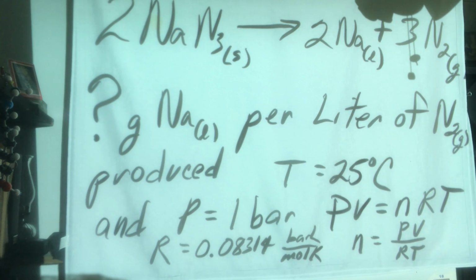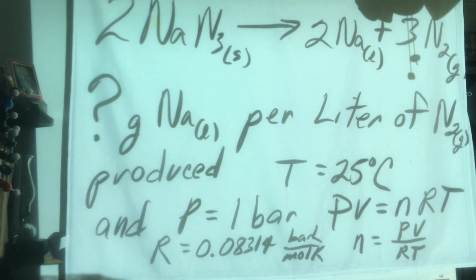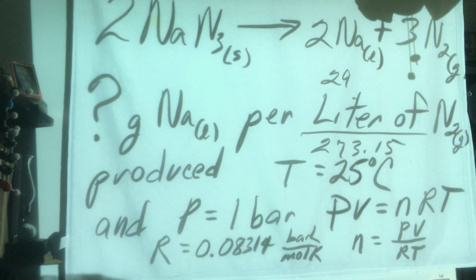We're going to change 25 degrees Celsius to 298, since that's room temperature, by adding 273.15, getting 298.15 Kelvin. Sorry about the crowd. So we have the pressure, we have the temperature, we have the volume, and we have the gas constant. I'll give you a second to write that down.